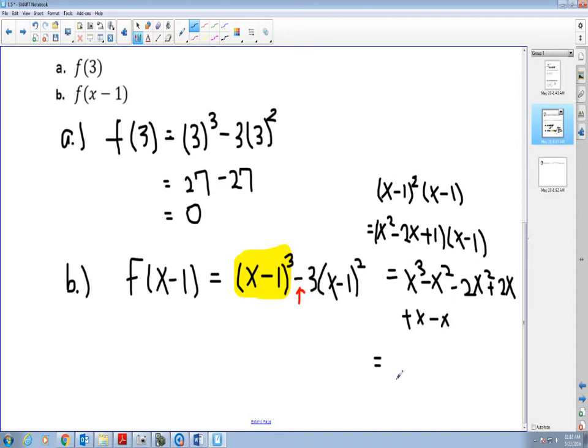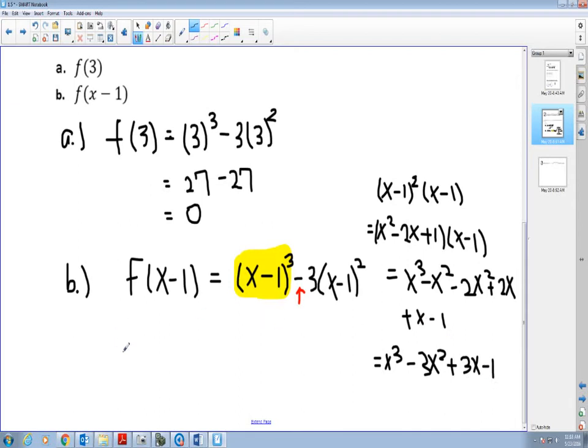So if I combine like terms, I believe this is going to be x to the 3rd. Negative x squared minus 2x squared, negative 3x squared. 2x plus 1x, positive 3x. And a negative 1.